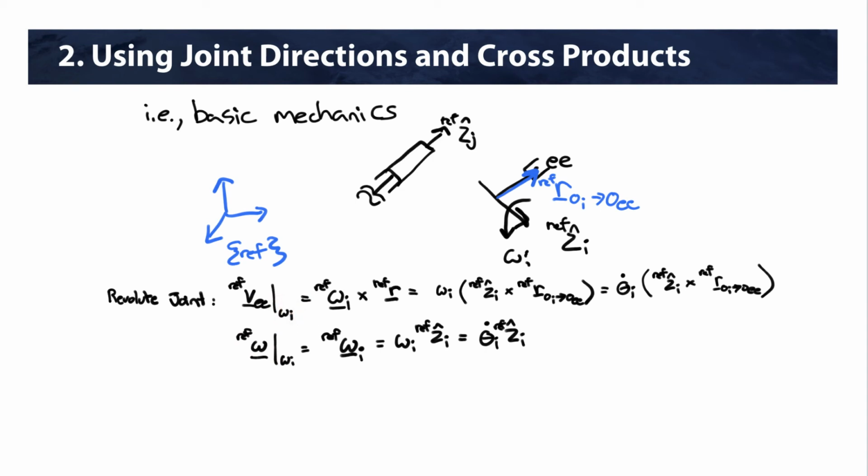We can also have a prismatic joint. All right, and so the translational velocity of our end effector due to our prismatic joint, which is d dot j, is just going to be the magnitude of our translational joint rate times the joint direction.